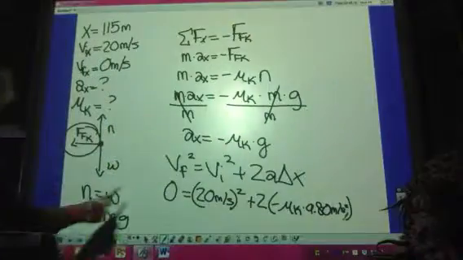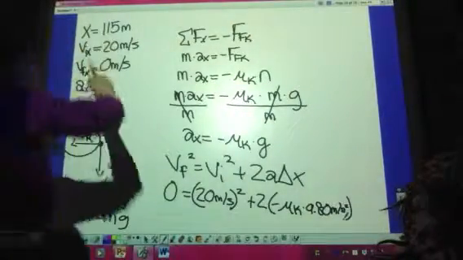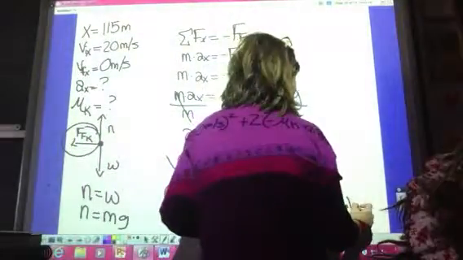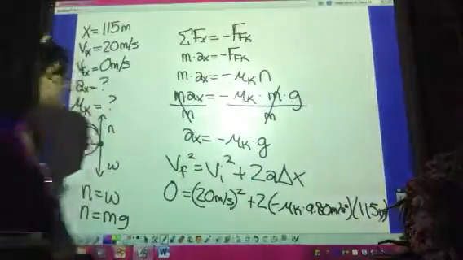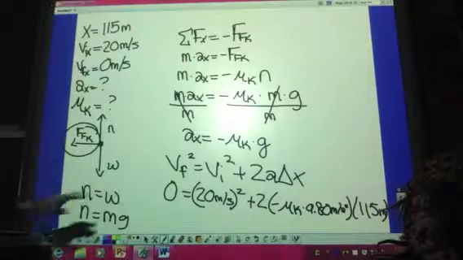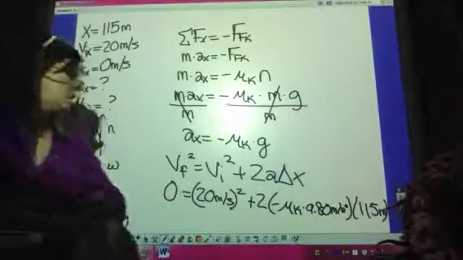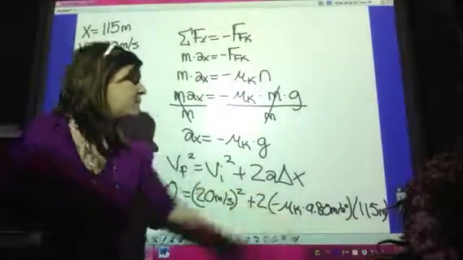And then that's times my change in x here, which is, we can say that we started initially at 0 and then it moved 115 meters.